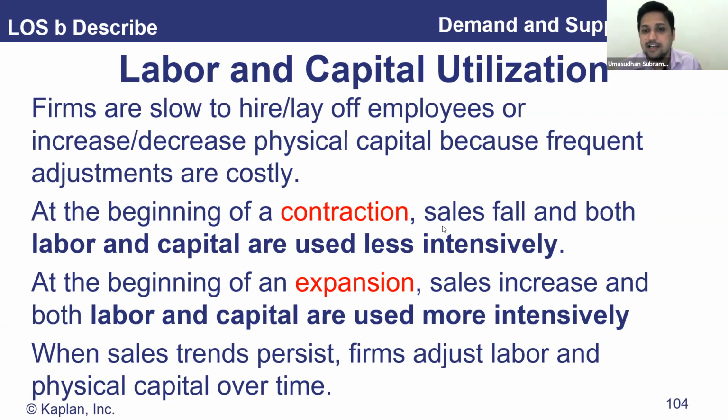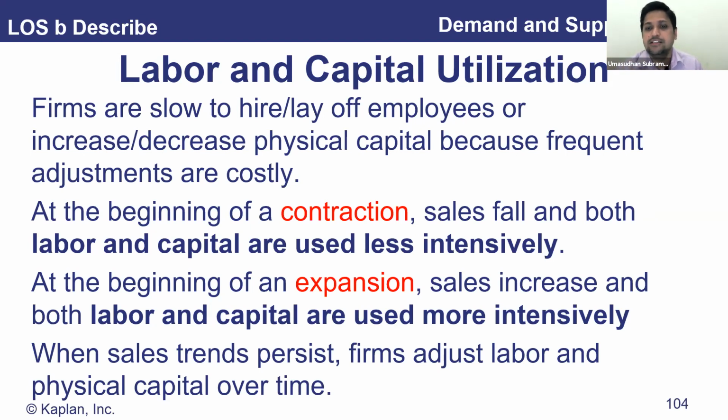Look at it. At the beginning of contraction, sales fall, and both labor and capital are used less intensively. At the beginning of expansion, sales increase, and both capital and labor are used more extensively. But when this trend persists, you see that there is more expansion, and demand continues to go up. Then what do you think these companies will do now?